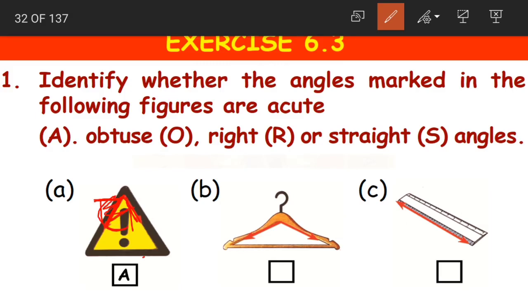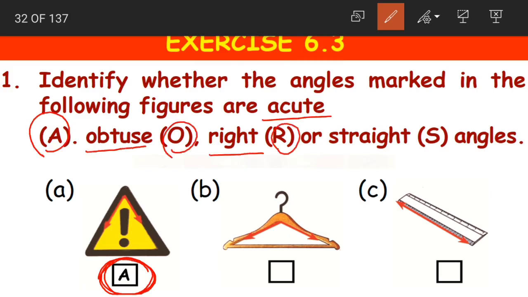This would have been our entire right angle, but the angle is smaller. As I said, small means acute, so the angle formed is acute angle. We have written the letter A. So we are writing letter A for acute, O for obtuse, R for right, and S for straight angle.